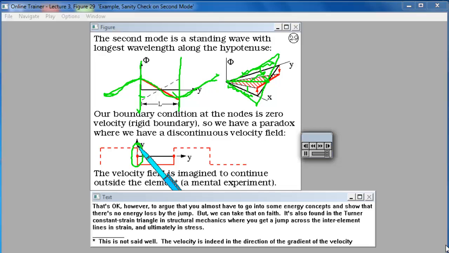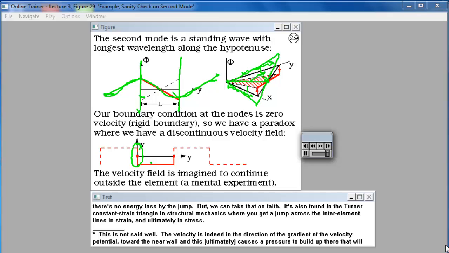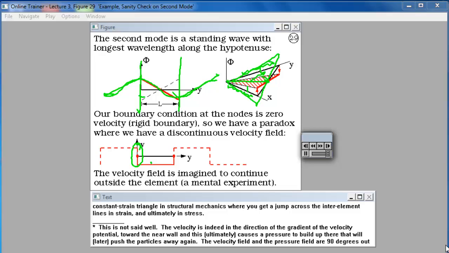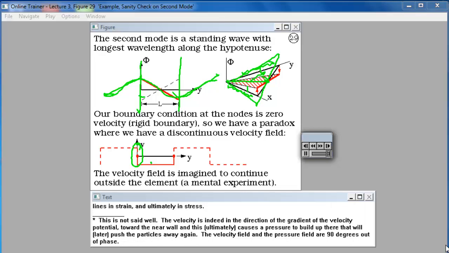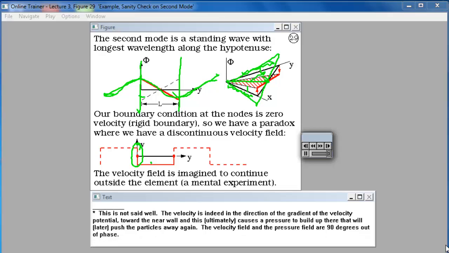That's okay, however. To argue that, you almost have to go into some energy concepts and show that there's no energy lost by that jump. But we can take that on faith, and it's also found in the Turner constant strain triangle in structural mechanics, where you get a jump across the inter-element lines in strain and ultimately in stress.